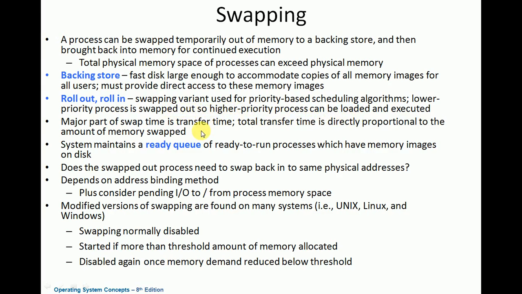After the completion of the execution of the higher priority process, the lower priority process which is stored in the backing store can be brought back to the main memory for execution. That is called the roll in operation.